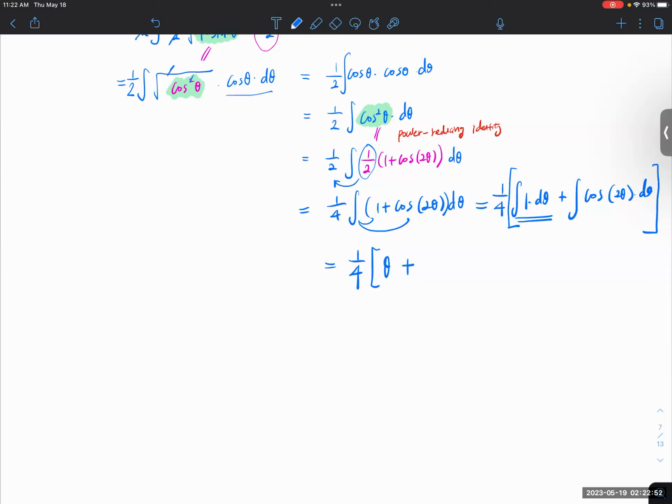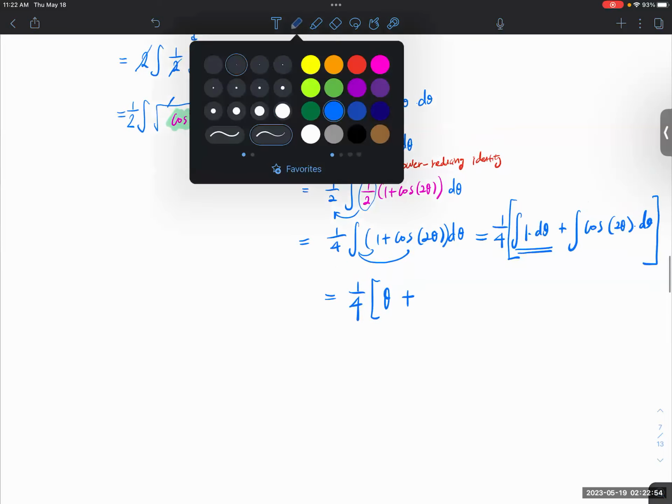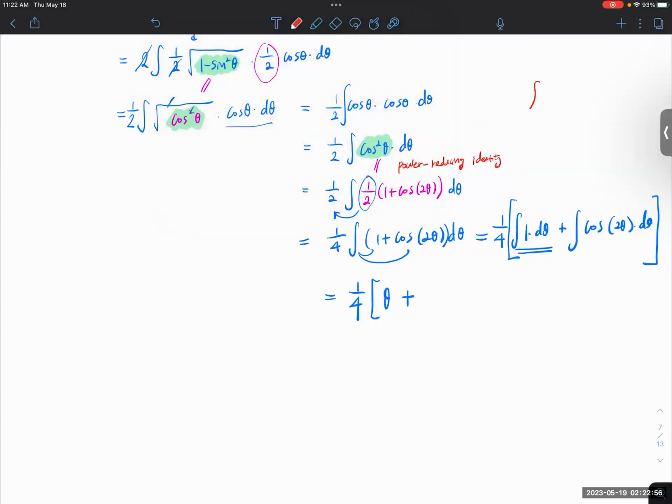And then please remember, I'm going to write a little bit of note. Integral cosine nx: remember last time, you convert it, it's going to be sine nx and you divide it by n because of the chain rule. And the integral of sine nx is going to be negative cosine nx, with the inside chain rule.